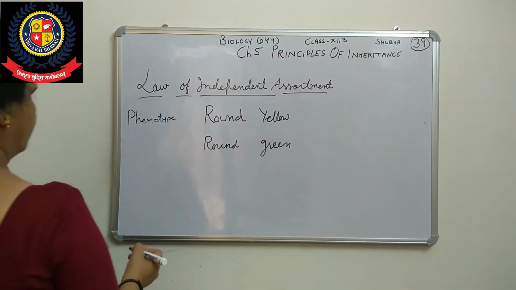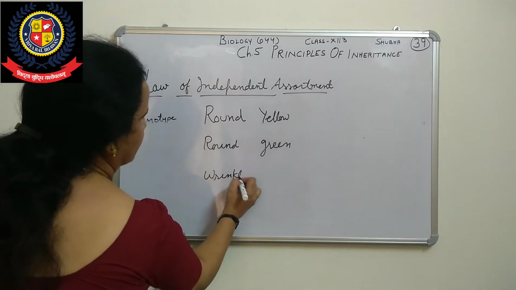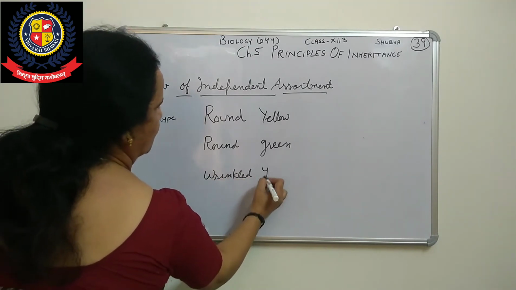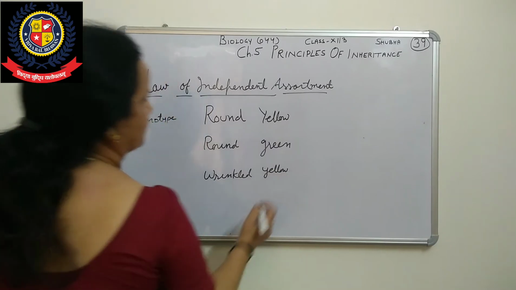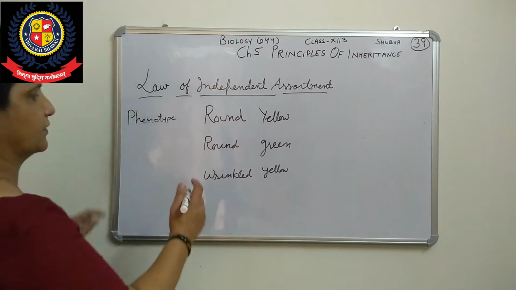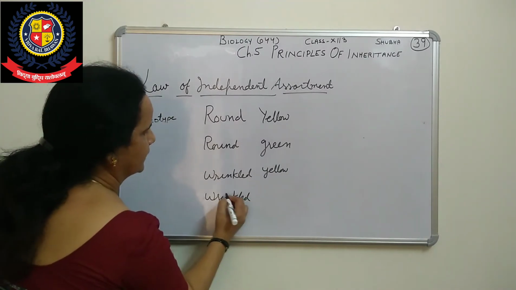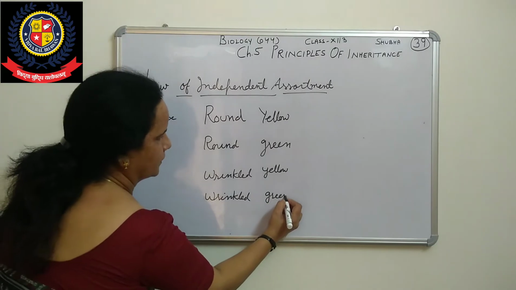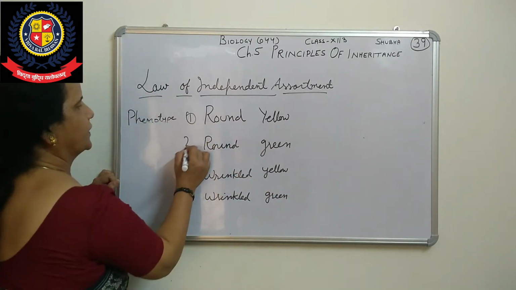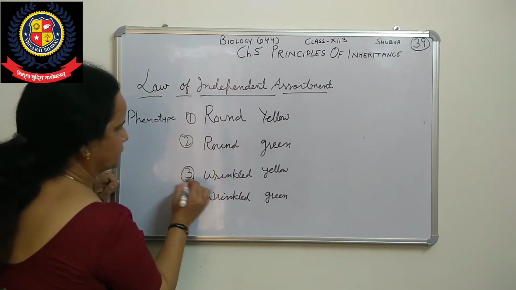Now third trait we have got, that is wrinkled and yellow. And last one is wrinkled and green. These four types of phenotype we have seen in that inheritance of two genes or two traits.